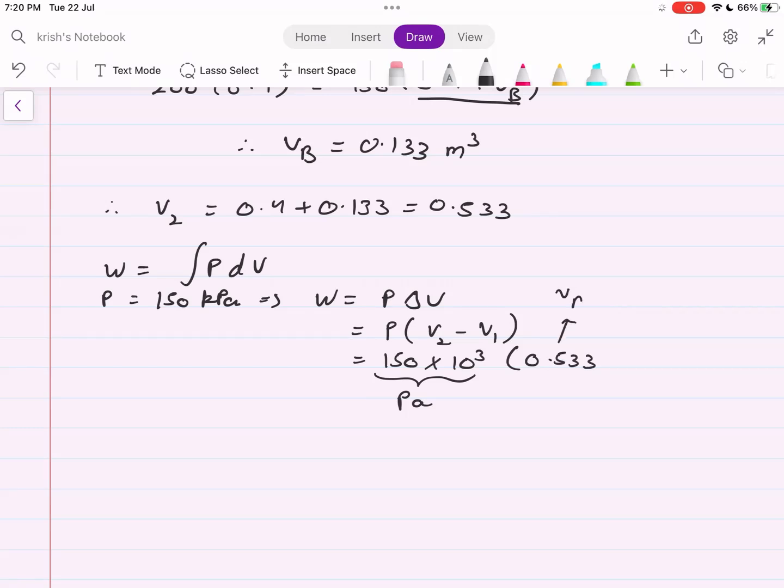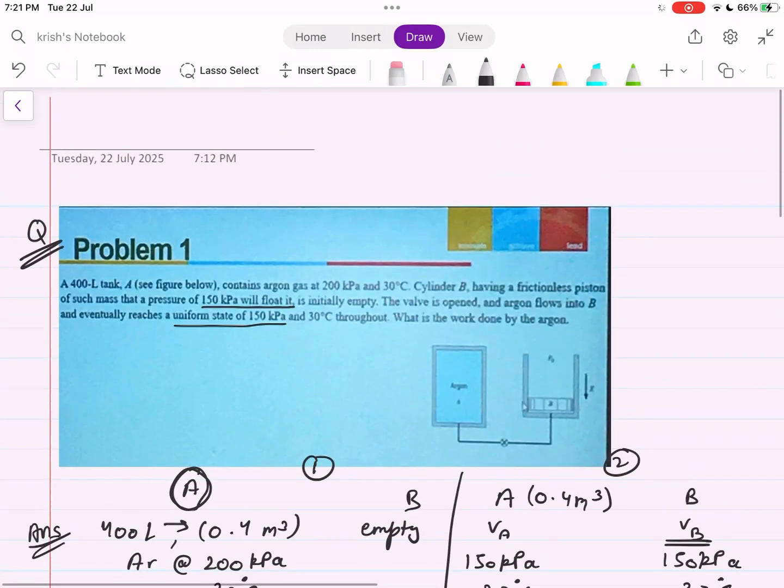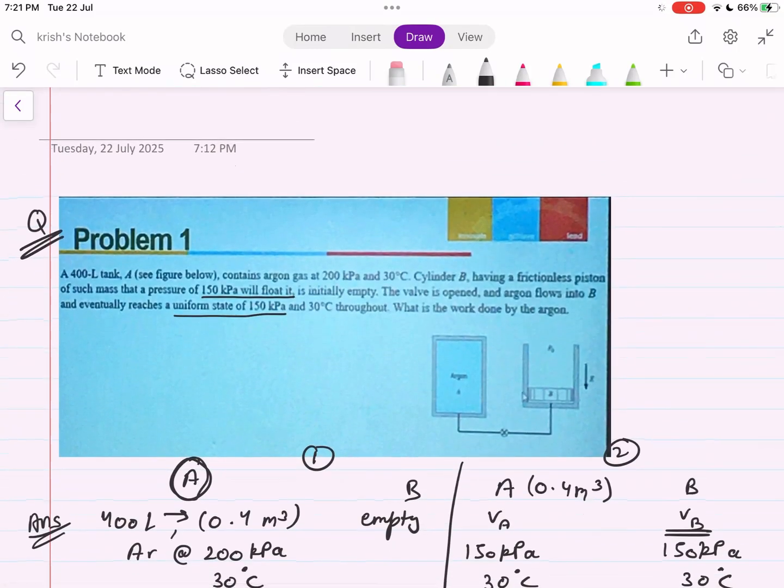This is VA plus VB minus 0.4, which is just VB, and it will come out to be 19995 joules or 19.995 kilojoules. That is the only question that I have that is of purely heat and work.